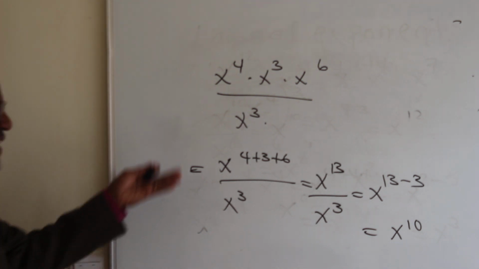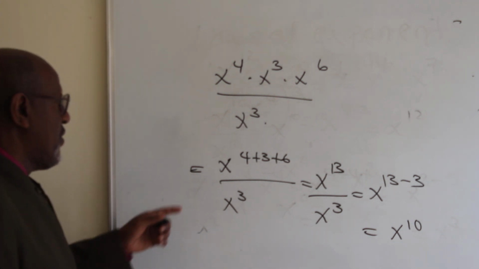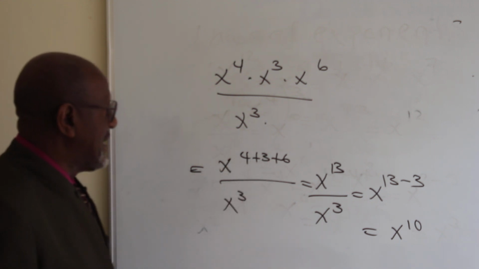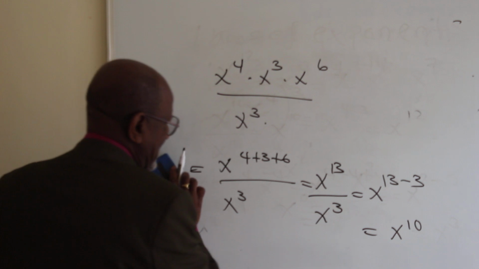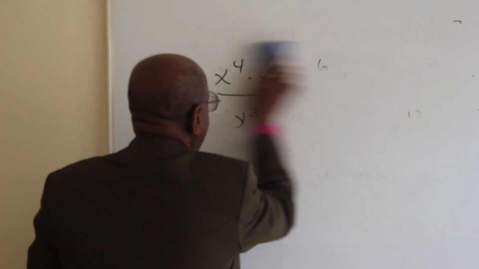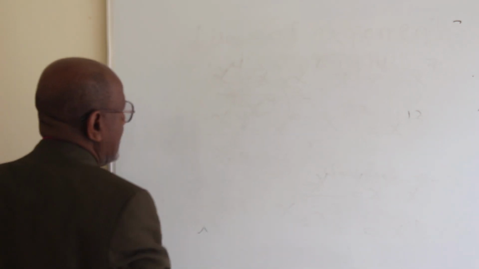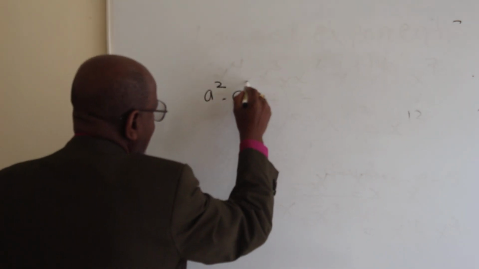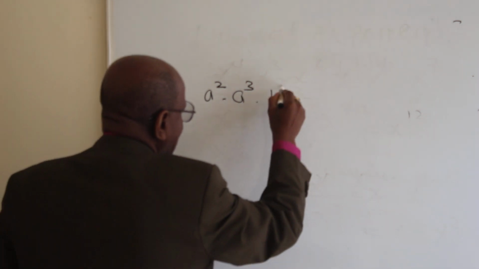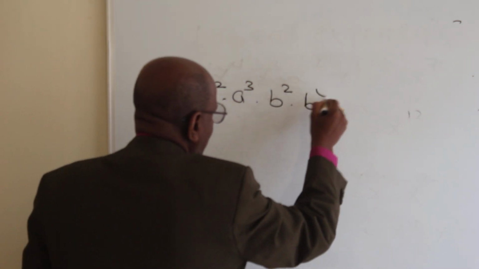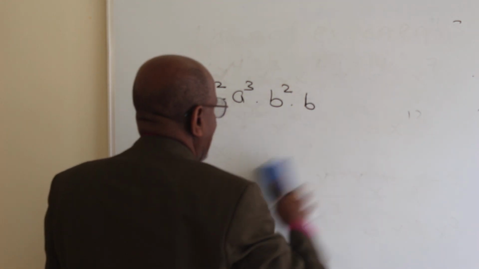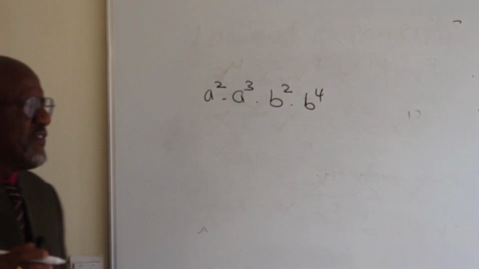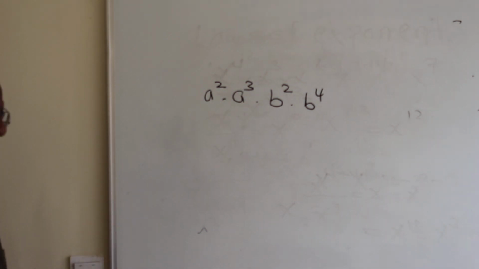So what we did there was combine the various rules. We worked out the numerator, then we simplified it. Suppose, however, we have a to the second power times a to the third power times b to the second power, b to the fourth power. What do we do there? Remember, the rule says terms of the same base, when multiplied, we add the exponents.